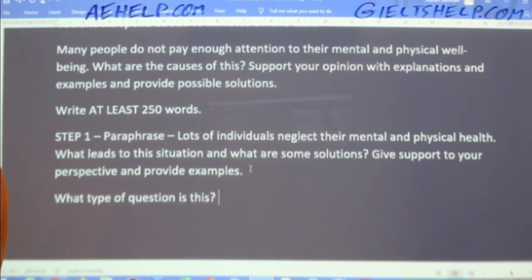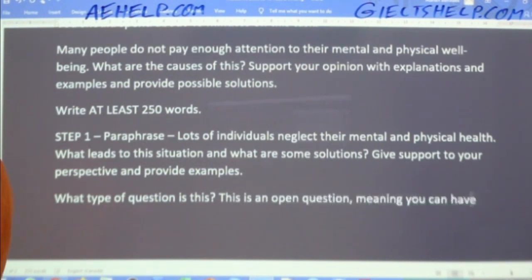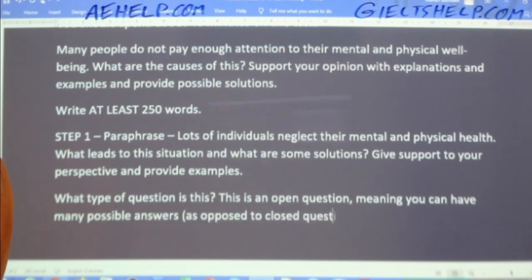This type of question is called, let's see if some of you come up with the same answer, an open-ended question, meaning you can have many possible answers, okay, as opposed to closed questions like, do you agree or disagree?